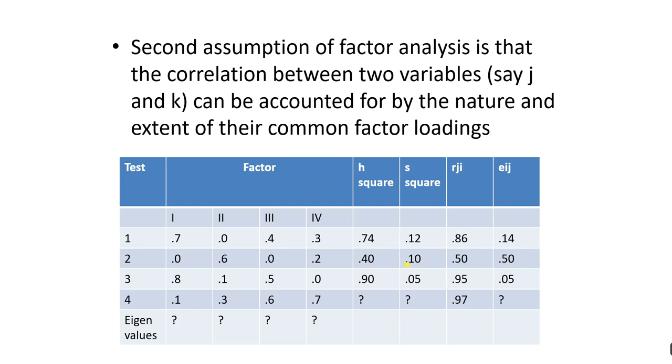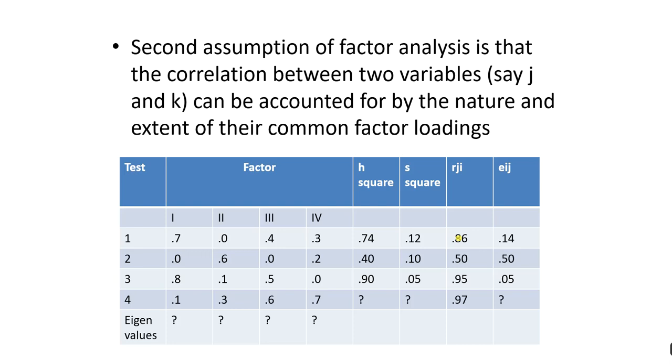So, if we know the reliable variance, we can determine the specific variance. Because we have the factor loadings, we can calculate the H square, and if the reliability is given, then we can compute the S square by subtracting the common variance from the reliable variance.